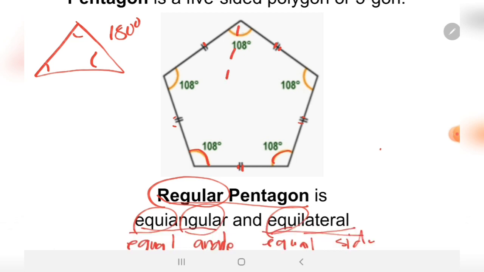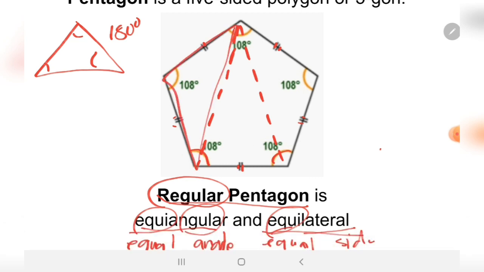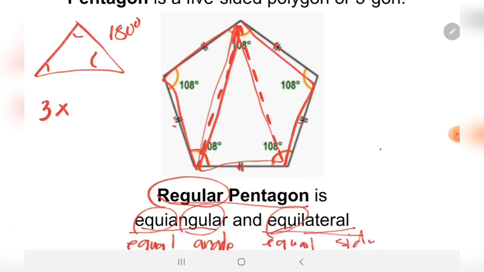Then if we will draw a diagonal here, and then we will draw a diagonal here, then how many triangles do we have? That is one, two, and the third triangle.